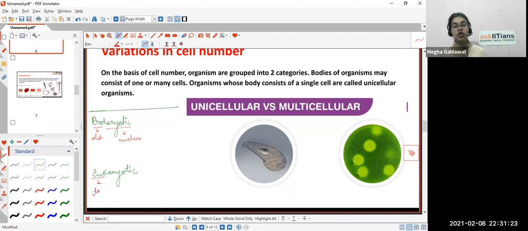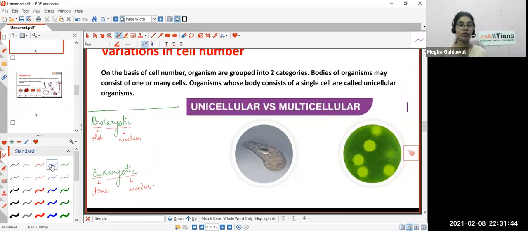Eu means true nucleus. So the organisms which have an old type of nucleus, which was present thousands of years ago and is still the same in multiple organisms, are called prokaryotic organisms.